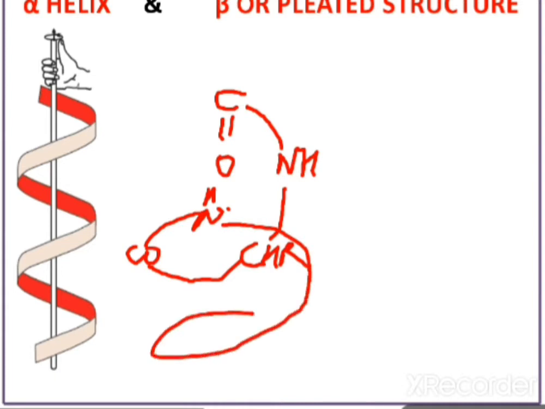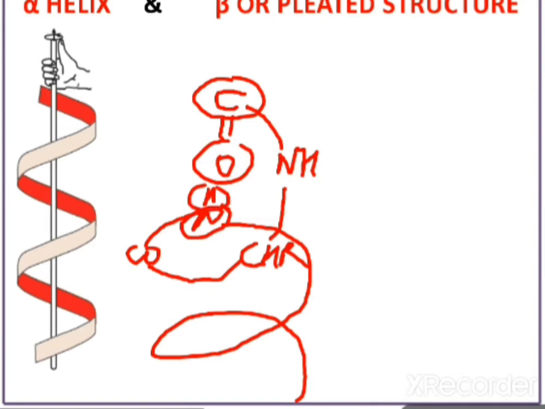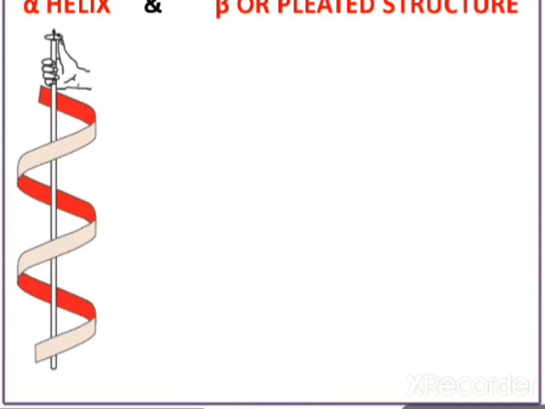So this type of coiling will be there. Got it? What is happening here? Carbon, which is bonded with oxygen, and nitrogen, which is bonded with hydrogen. So between hydrogen and oxygen there will be a hydrogen bond, and it is because of this hydrogen bond that the structure is helical. Okay, you can see here.